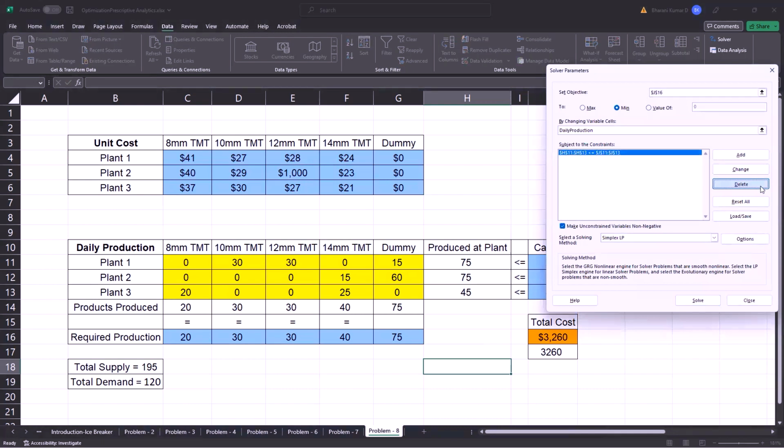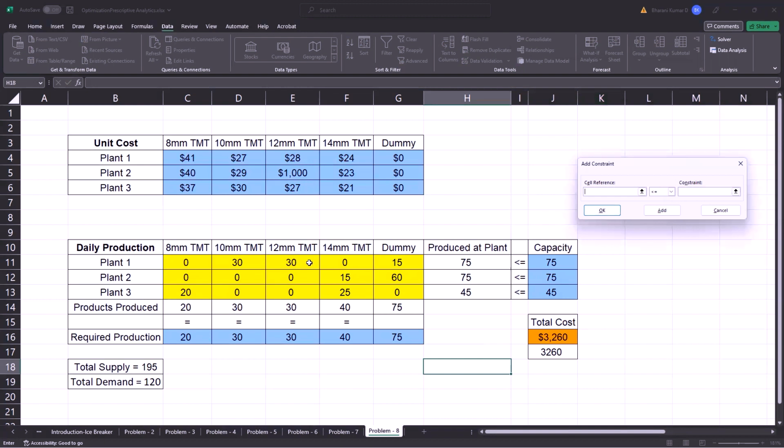Let me delete the constraints and re-add the constraints once again. These values should be equivalent to these numbers. Add. These numbers should be less than or equal to these values. Okay.